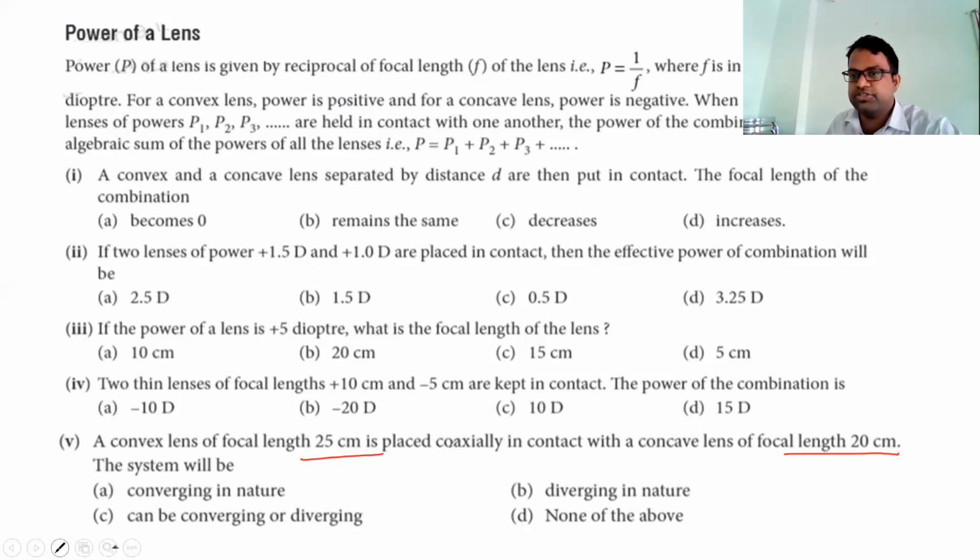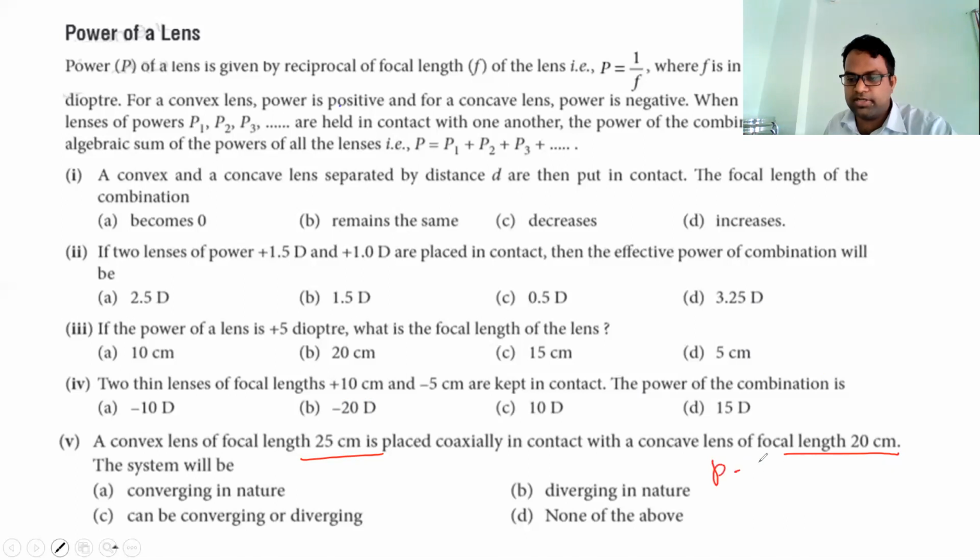And if combination power is positive, then the combination lens is also a converging type lens. So we'll calculate power and check whether it is negative or positive, so that we can predict whether it will be converging or diverging.